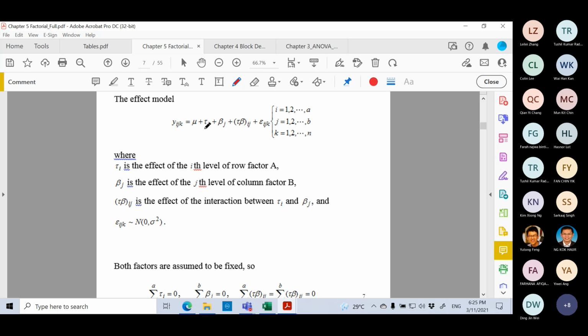So all tau i, beta j, and tau beta ij are fixed, and the overall mean is fixed too.